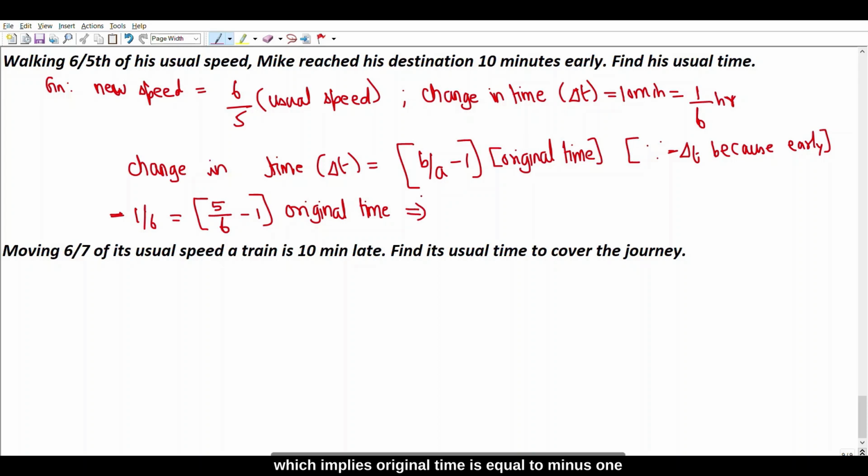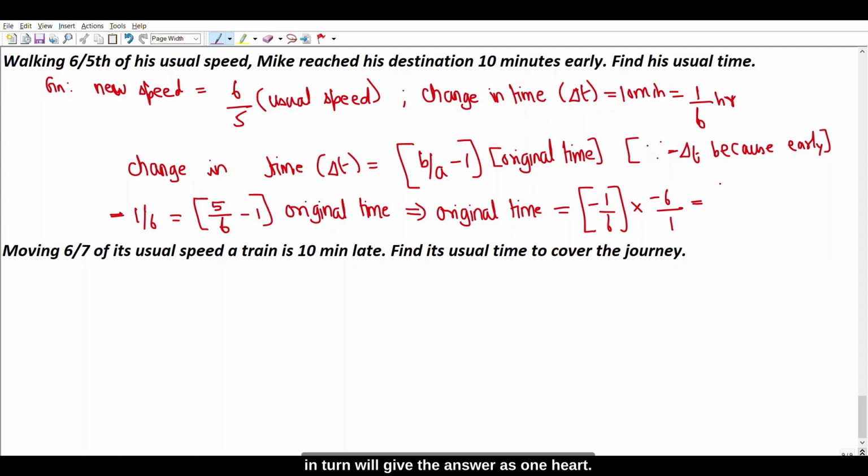Which implies original time is equal to minus 1 by 6 multiplied by minus 6 by 1, which in turn will give the answer as 1 hour.